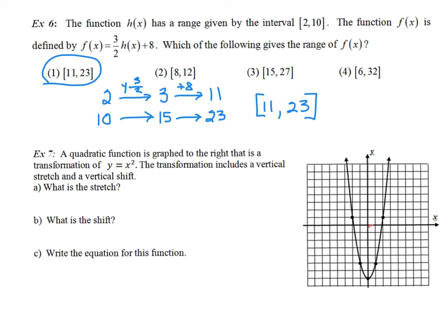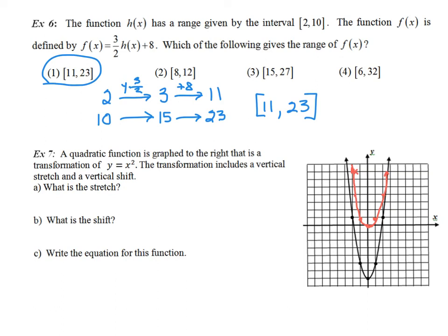Y equals x squared would have a vertex at 0, 0. It would go through the point 1, 1, but also through the point -1, 1. It would go through the point 2, 4, but also the point -2, 4. So my function, y equals x squared, looks like this graph right here. And I want to know what has happened to each point in order to make the new black graph that I'm given.